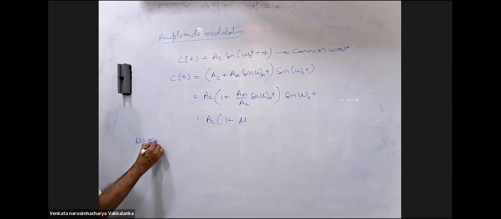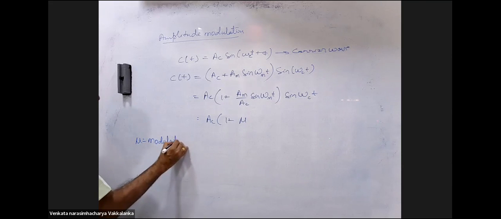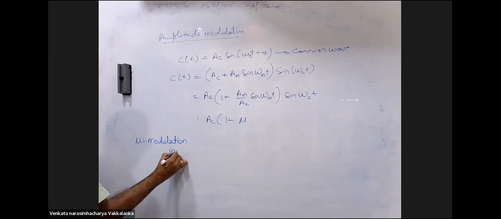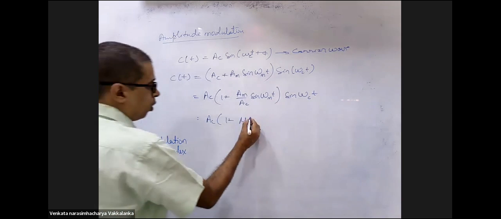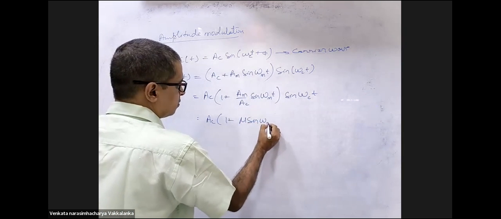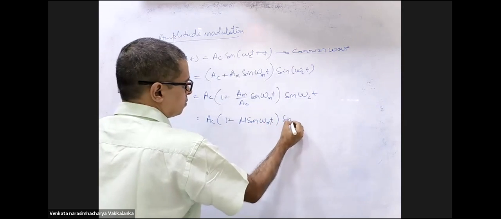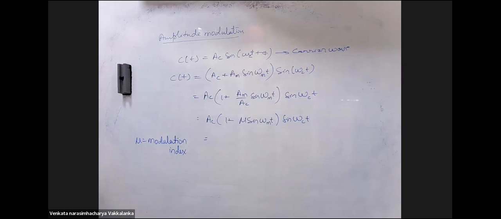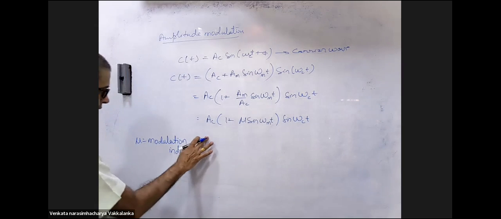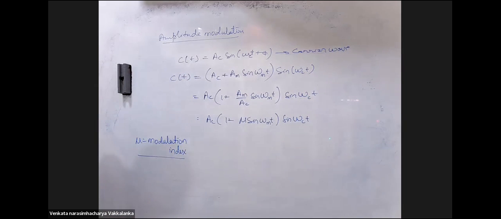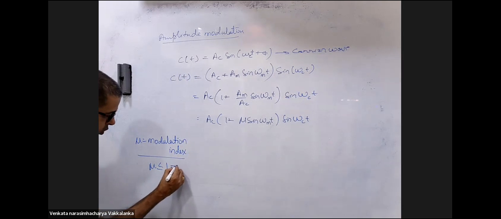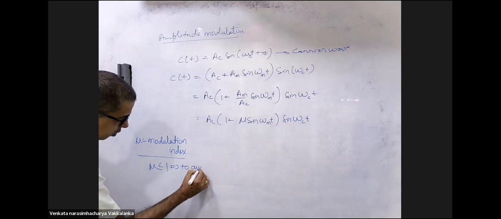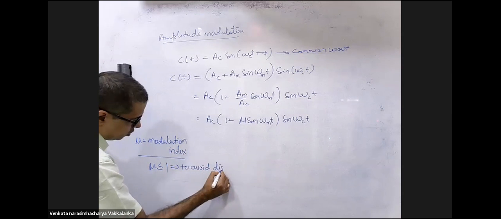Modulation index is one important parameter. Mu less than or equal to 1 is a must to avoid distortion.